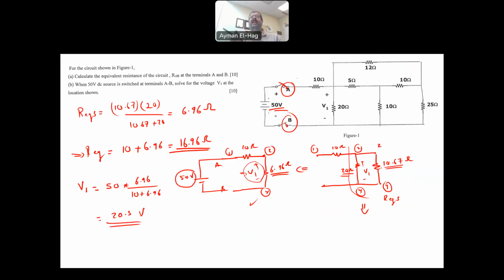You can apply KCL and KVL, but voltage division is very easy to deal with because you can find the voltage in one step. But if you are not comfortable, you can use the classical techniques like KCL and KVL. So that is basically how we approach a circuit reduction question. I will have one more question, but with different requirements, in the coming video.